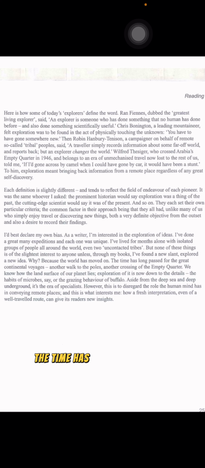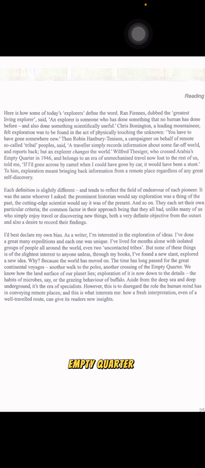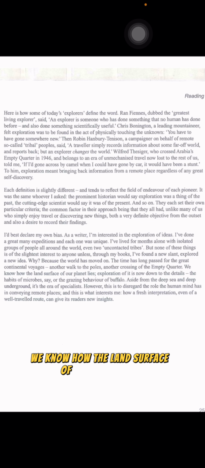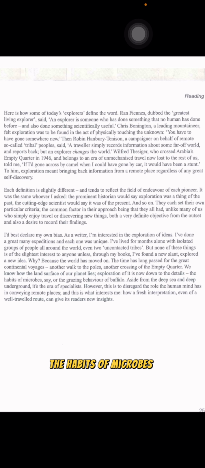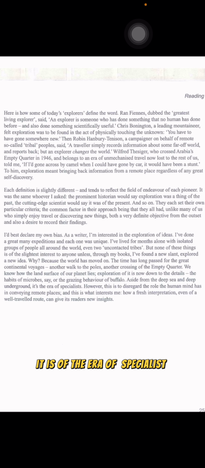The time has long passed for the great continental voyages, another walk to the poles, and another crossing of the empty quarter. We know how the land surface of our planet lies. Exploration of it is now down to the details, the habits of microbes, the grazing behavior of buffalo. Aside from the deep sea and deep underground, it is of the era of specialist.